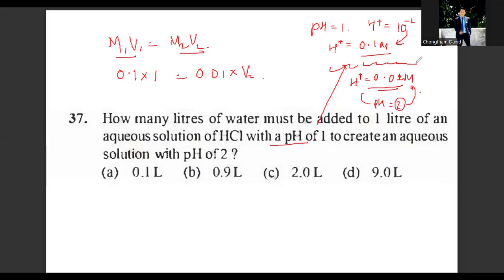And volume is given as 1 liter, but only for the first case. So you're going to find the volume of the second case. Looking back at the molarity equation, M1V1 equals M2V2, V2 would be 10 liters. After 10 liters is obtained, you have to subtract the initial 1 liter. If you fail to subtract, the answer would be wrong. So 9 liters is the answer to question number 37. I hope this is clear.